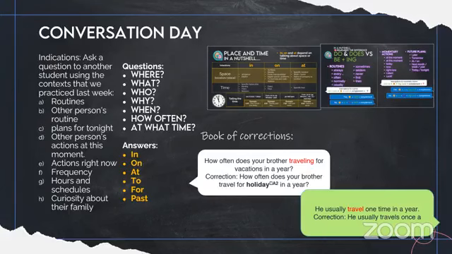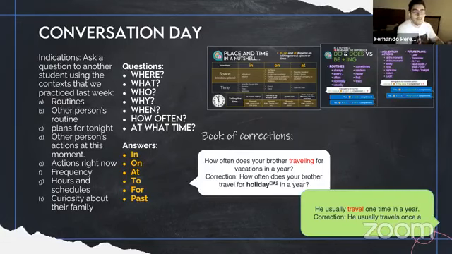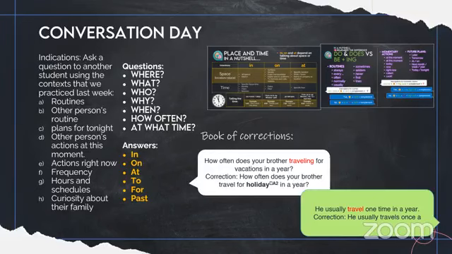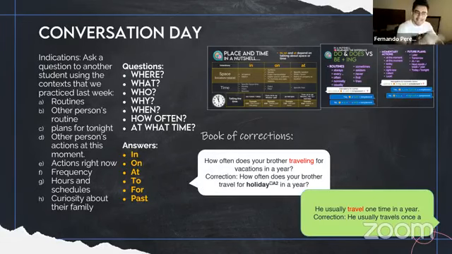He usually travels once a time. No, once a year. Once is similar to one time. So in one a year, eliminate in.